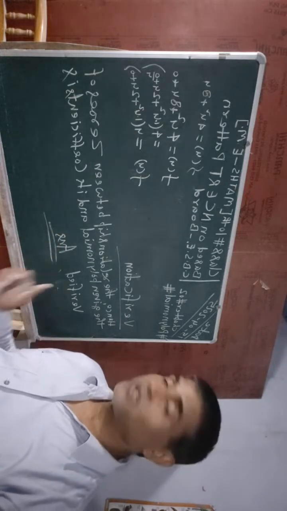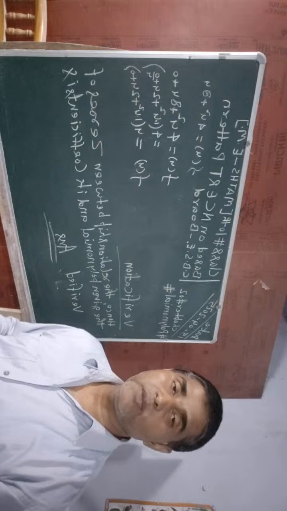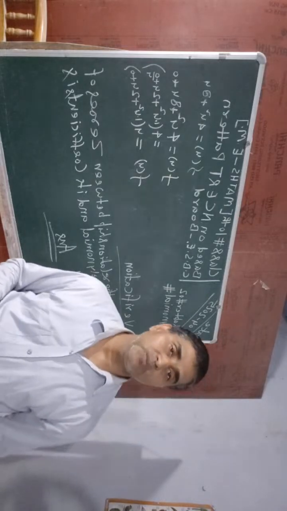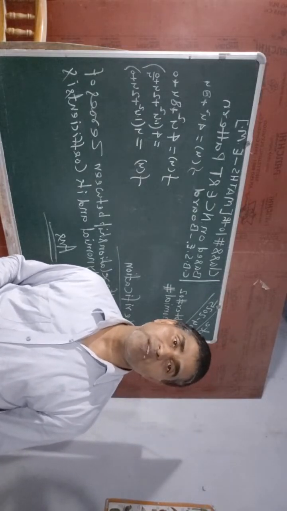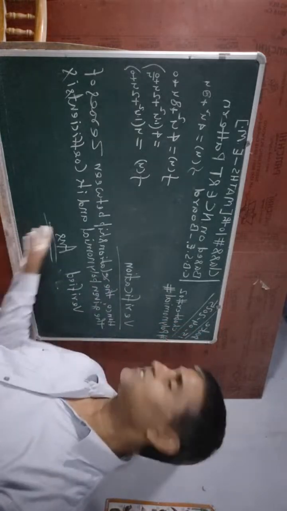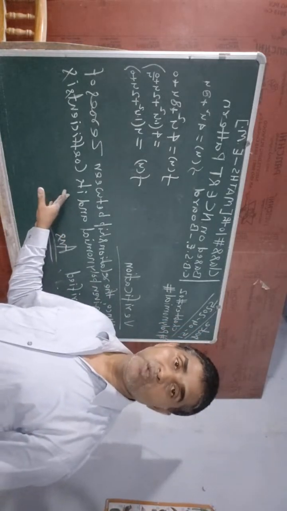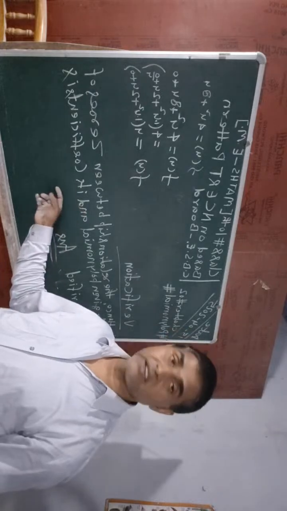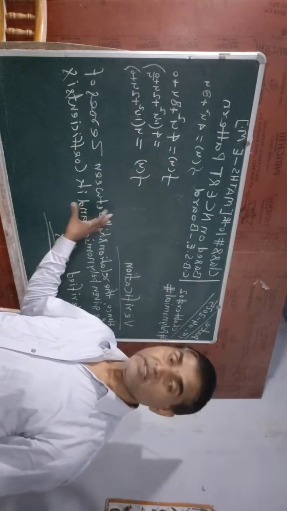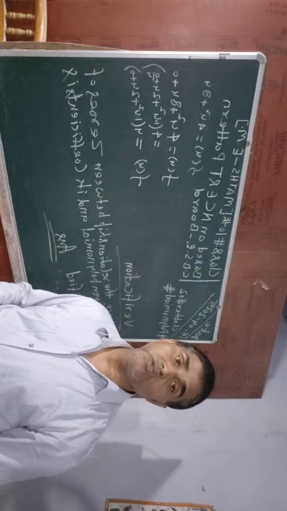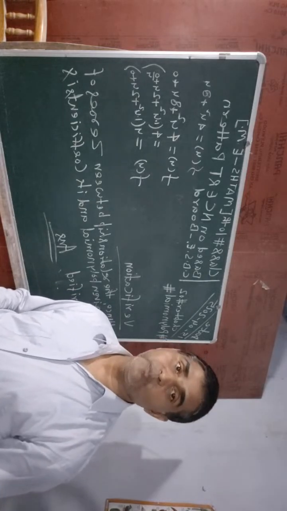And the second condition: the product of the zeros, alpha into beta, is equal to constant term divided by coefficient of x square. It means that this condition is also correct. So the given relationship between zeros and coefficients is also verified.